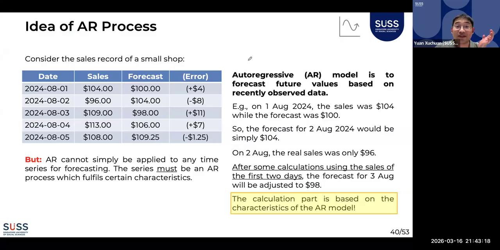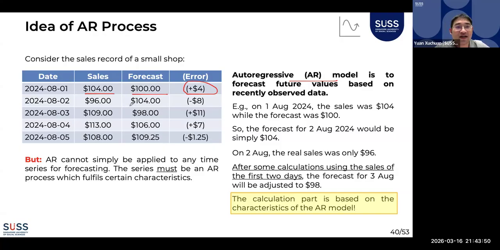Now let's look at another interesting model. When you look at the ACF, there is no cutoff, but if you look at the PACF, there is a cutoff. Then you can consider an AR model, autoregressive model. So this is an example. Based on an AR model, you have sales, you have forecast, and then you look at the error.